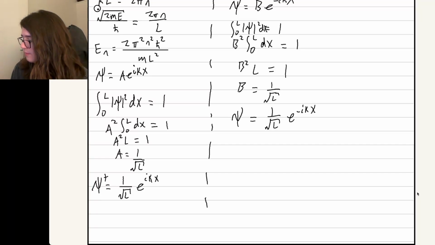And we can call this psi minus because this is going to represent clockwise motion to this equation's counterclockwise.